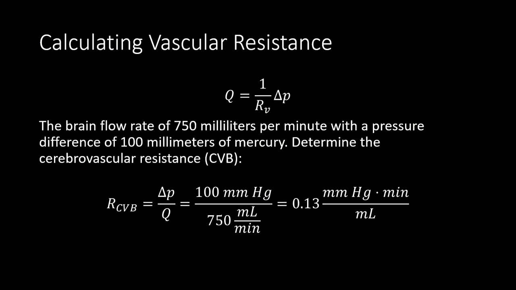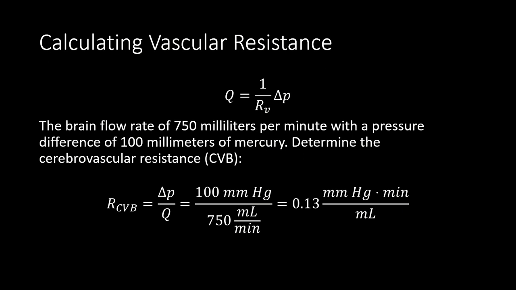Some sample problems in calculating vascular resistance. The brain flow rate of 750 milliliters per minute with a pressure difference of 100 millimeters of mercury. Determine the cerebrovascular resistance, CVR. Well, no matter what region we're talking about, volume flow rate is equal to the change in pressure divided by the vascular resistance.